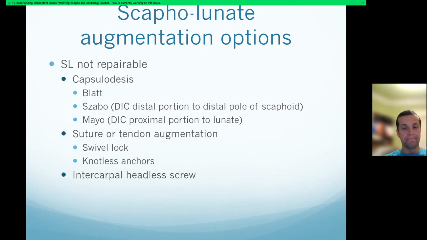If the intrinsic ligaments like the scapholunate ligament are not repairable, then we can use different forms of capsulodesis to augment the repair, versus suture or tendon augmentation through different commercially available devices. Intercarpal headless screw between scaphoid and lunate has been used with some success, although there's a high number of complications according to the current literature.